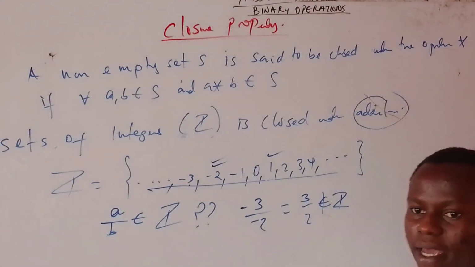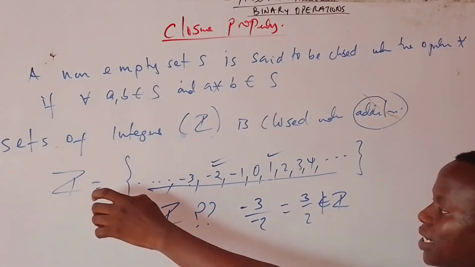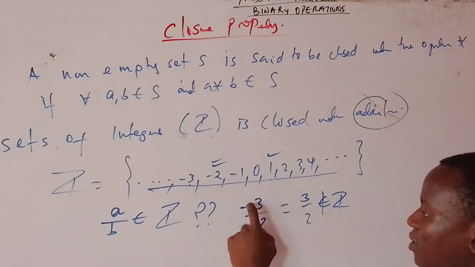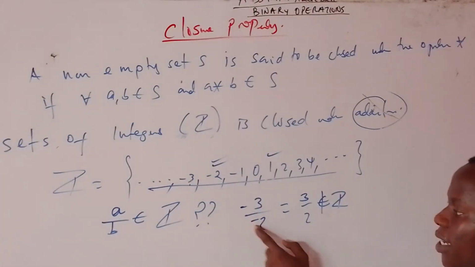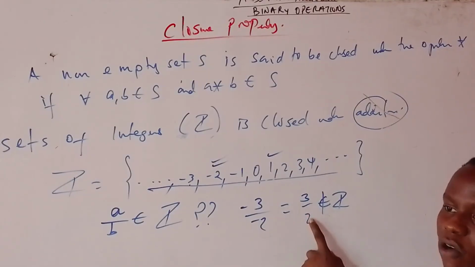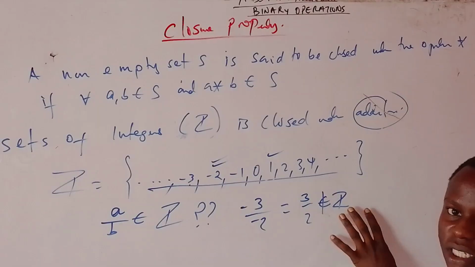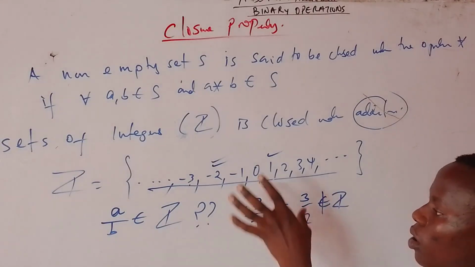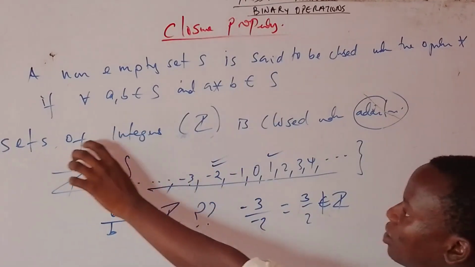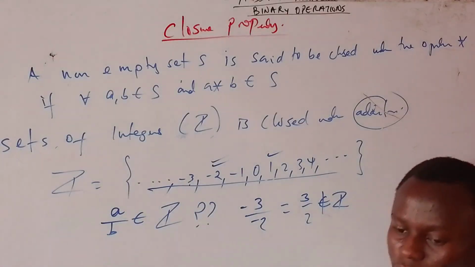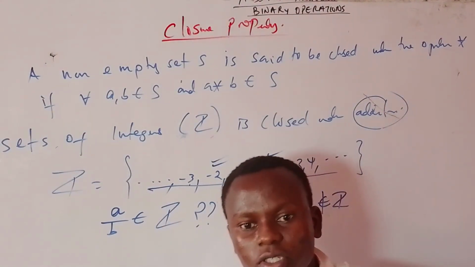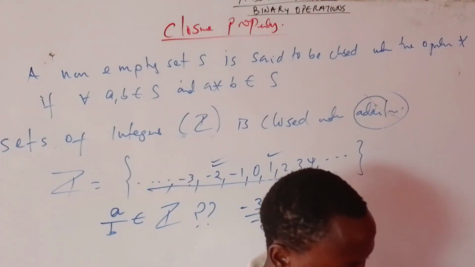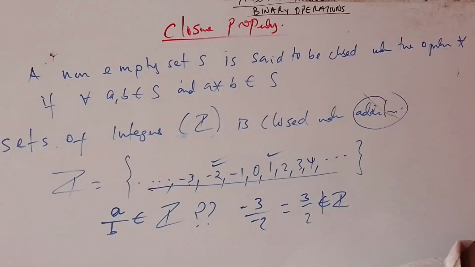Because when we take two elements from the set of integers, say negative 3 and negative 2, and divide, the negatives cancel and we have 3 over 2. And 3 over 2 is not an integer, but it's a rational number. So the set of integers is not closed under division, but it's closed under addition, multiplication, and subtraction.